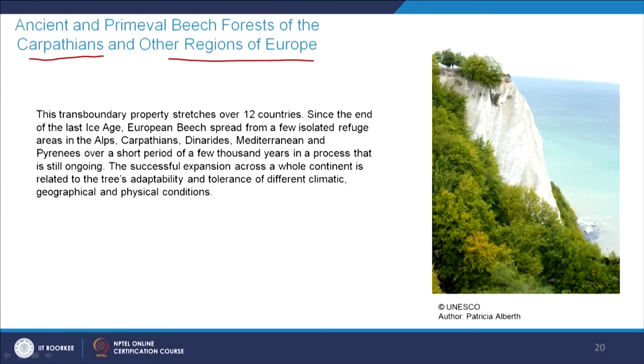Since the end of the last ice age, European beech spread from a few isolated refuge areas in the Alps, Carpathians, Dinarides, Mediterranean and Pyrenees over a short period of a few thousand years, in a process that is still ongoing. This is related to the trees' adaptability and tolerance to different climatic, geographic and physical conditions. So how the natural flora and fauna adapt to these different climatic conditions.